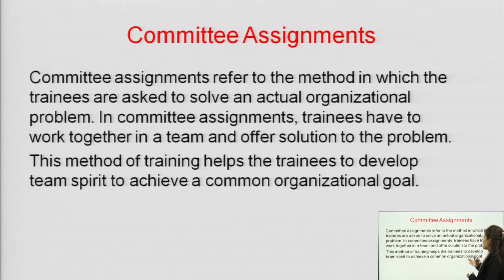This method of training helps the trainee to develop team spirit to achieve common organizational goals. Yes, because a committee assignment is something which is never given to employees individually. Here they have to work in a team, so somehow they also learn how to work in a team, and they will have a team spirit.